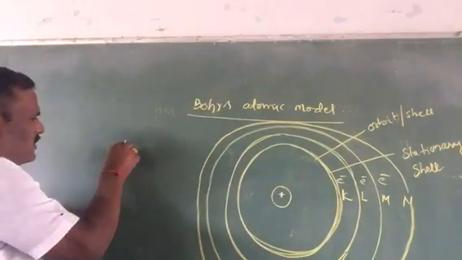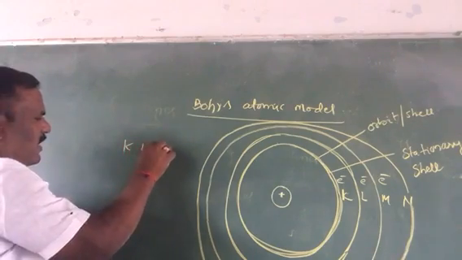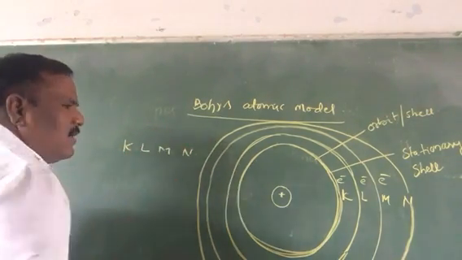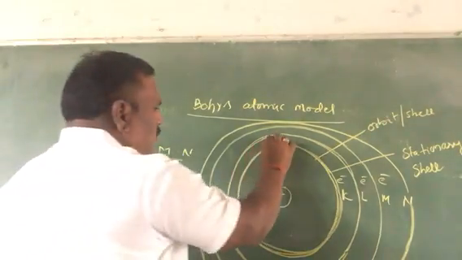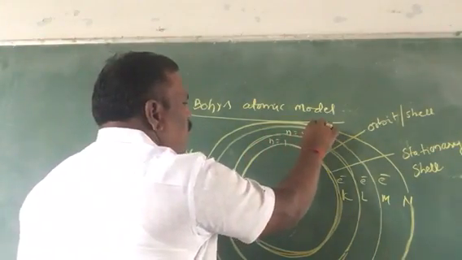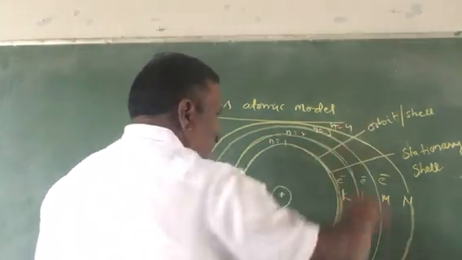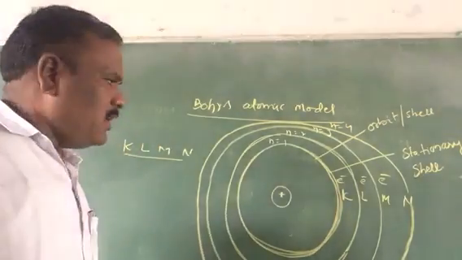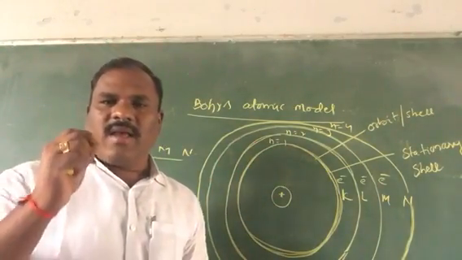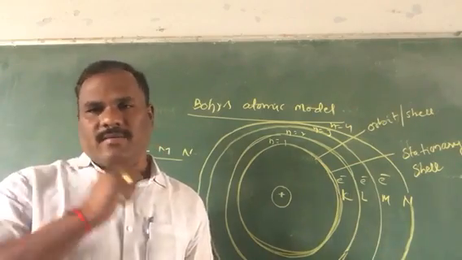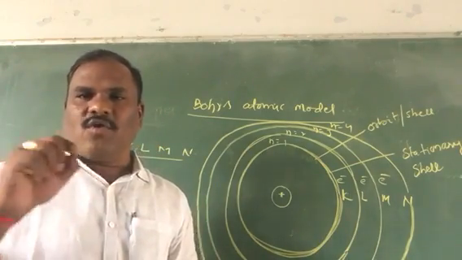They are designated by the symbols K, L, M, N with respect to n equal to 1, n equal to 2, n equal to 3, n equal to 4.